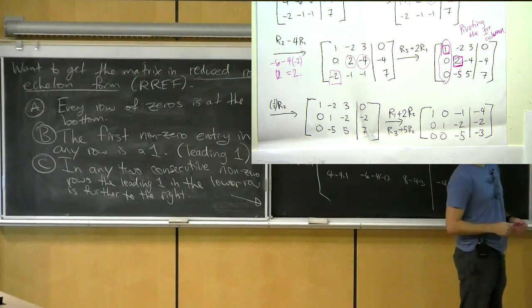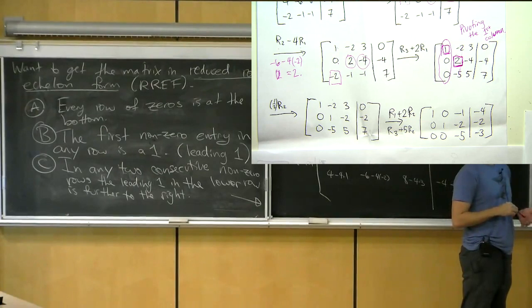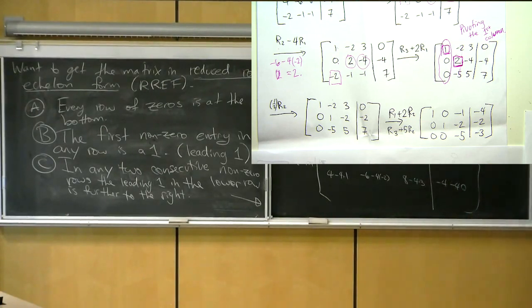Any suggestions what I should do for the next step? I've done my first 2 columns. They look nice. I want to make my third column look nice, like just 1s and zeros. Any thought what I might want to do next?